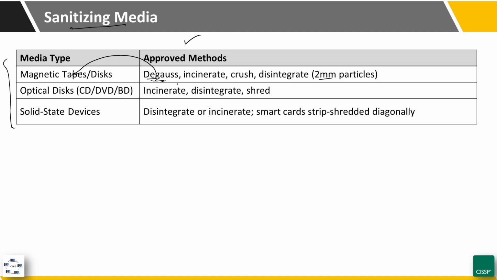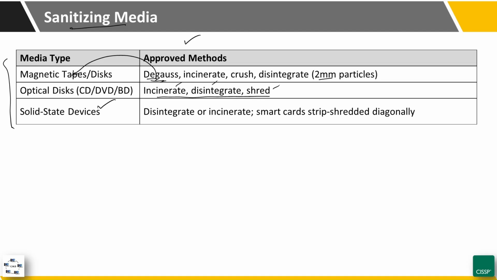Again, the approved methods include incineration, disintegration, and shredding. Always remember, the physical destruction methods are almost always the most secure methods as compared to other methods such as degaussing or overwriting, etc.